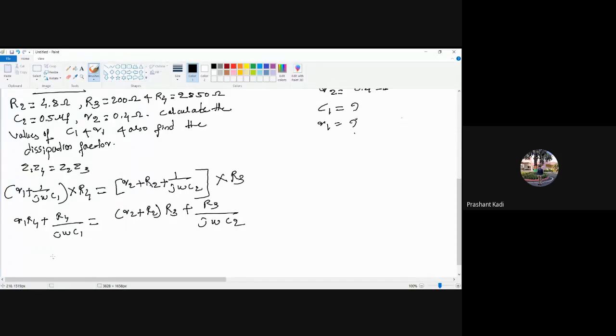If you equate the real and the imaginary terms: R1 R4 equals small r2 plus capital R2 into R3, and the imaginary term R4 divided by j omega C1 equals R3 divided by j omega C2. Equate the real and the imaginary terms.